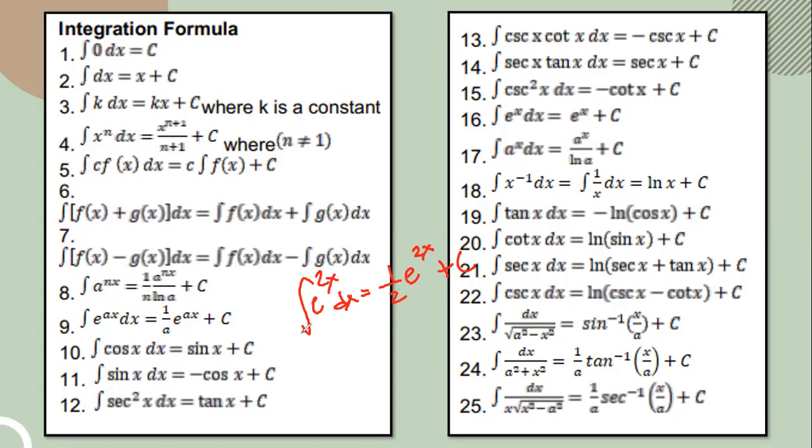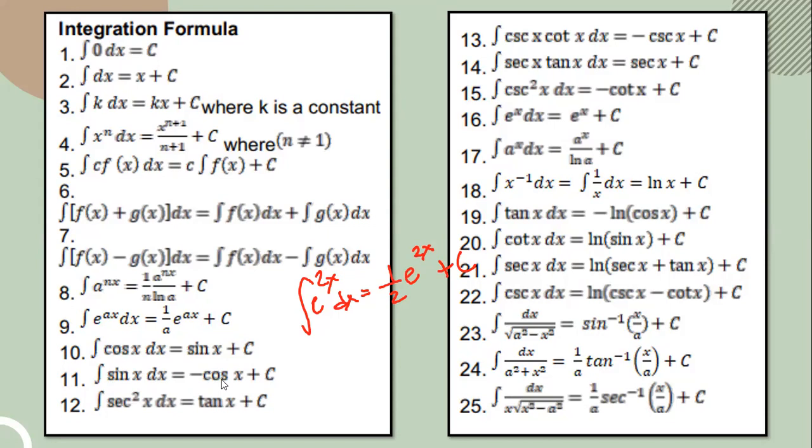Okay? So, number 10, 11, 12, so on and so forth, hanggang 15 ay mga trigonometric functions. Okay, so kabaligtaran lang yan nung ating napag-aralan last time na derivative ng mga trigonometric function. So, kung ang derivative ni sine ay cosine, pag kinuha natin yung antiderivative, babalik lang din siya. So, ang integral ni cosine, that is sine.